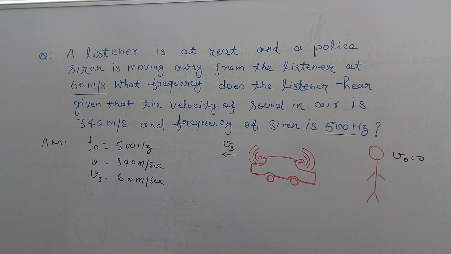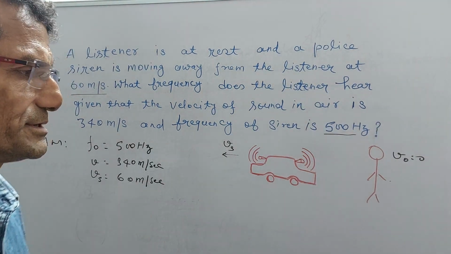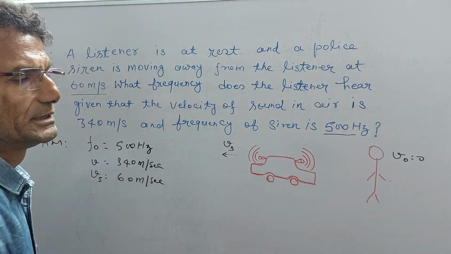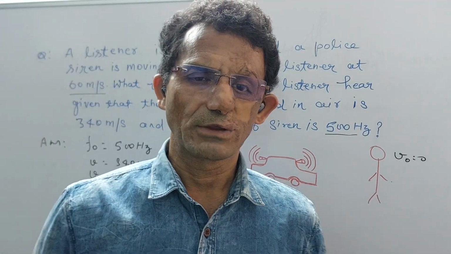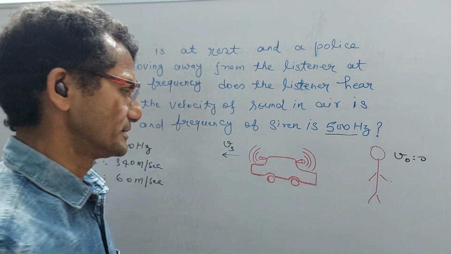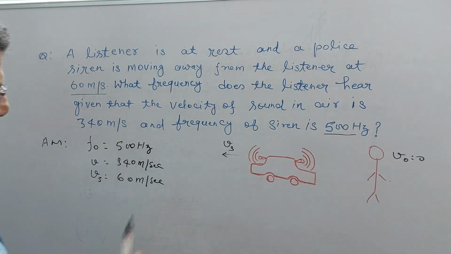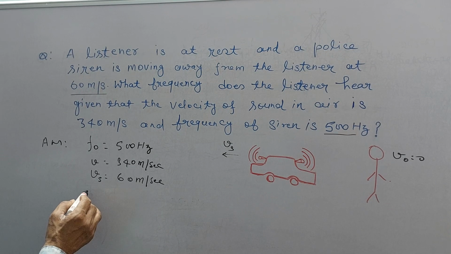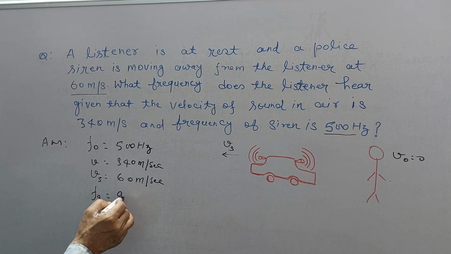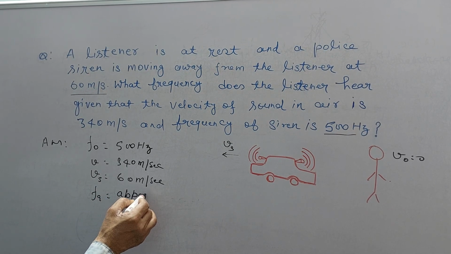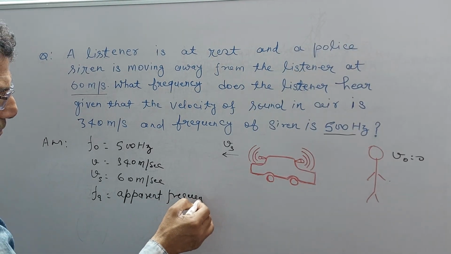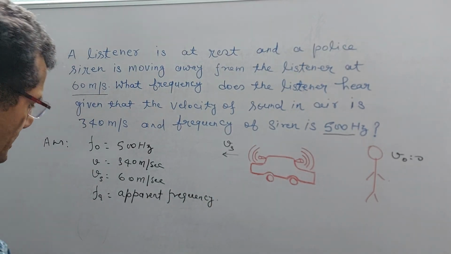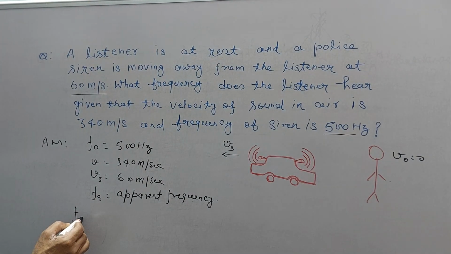By the theoretical concept, whenever the separation between the observer and the source is increasing, the frequency appearing to the observer is decreasing. So that's why, as this source is moving away, our apparent frequency Fa will decrease, so Fa is less than the original frequency.